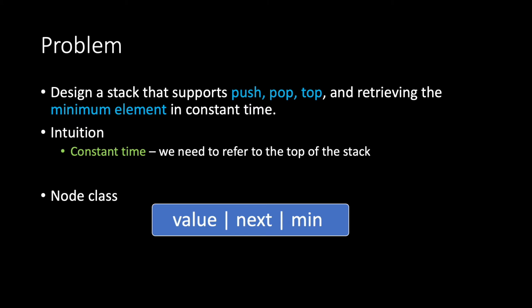So that means that we need to refer to the top of the stack to do all these operations, especially getting the minimum value. For that, we can have a node class that has several data fields, which we'll look at later as well. It's going to have the current value, pointer to the next node, and also the minimum value as well.